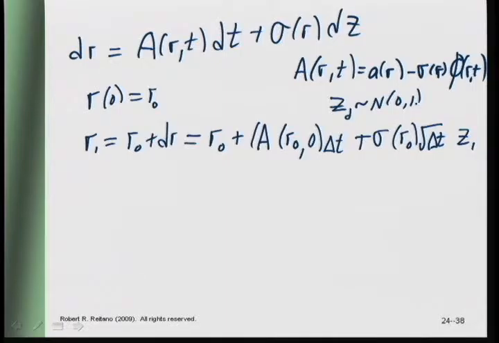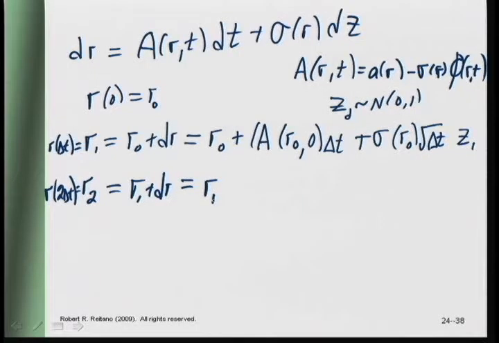Now we're going to take another step. What's R2? This is R of 2 delta t. Same process. R2 is R1 plus a new dr. What is the new dr? Well, this process says that you always have to evaluate A at the beginning of the interval. So now it's evaluated at R1 and time delta t.